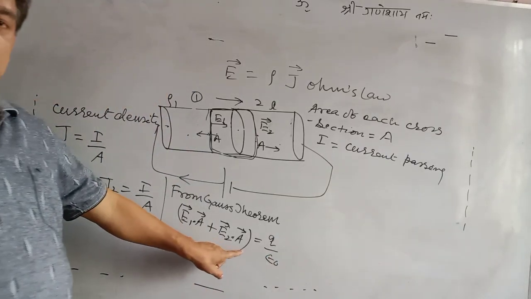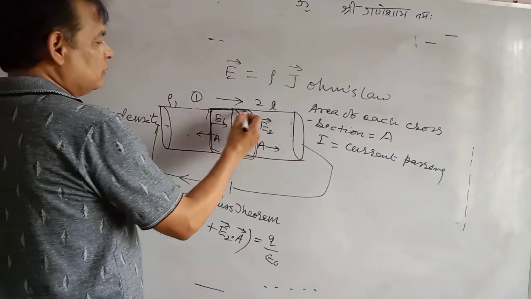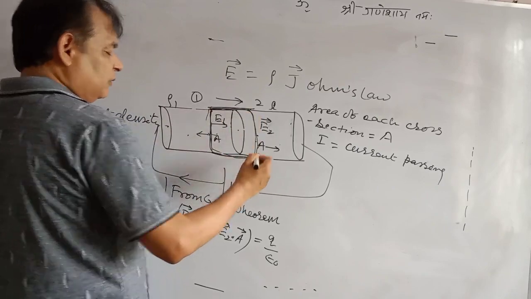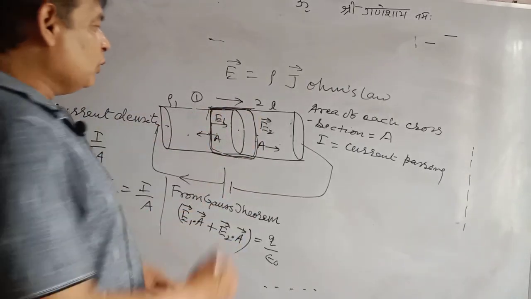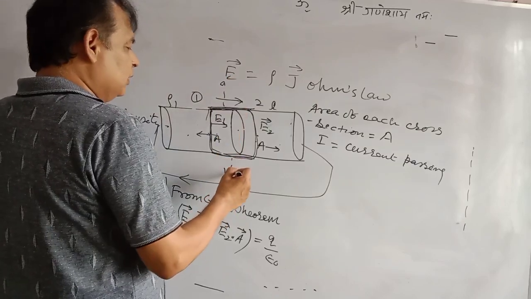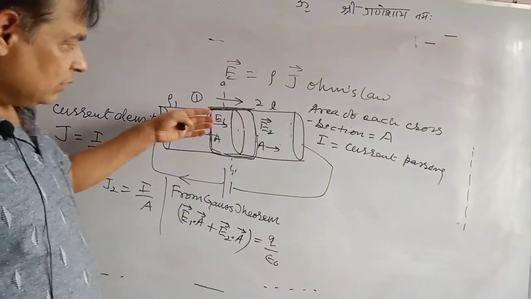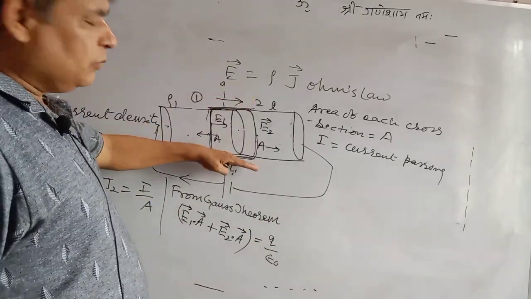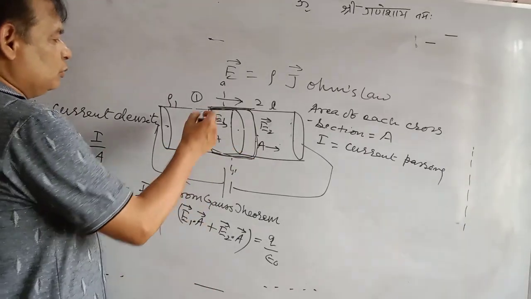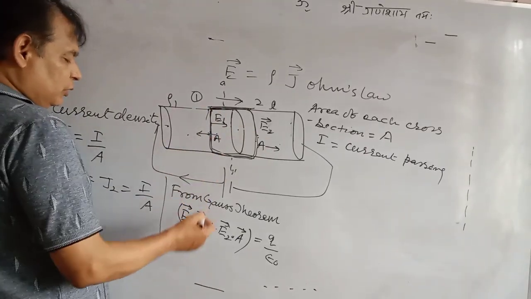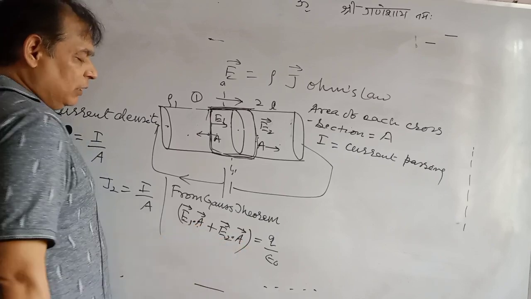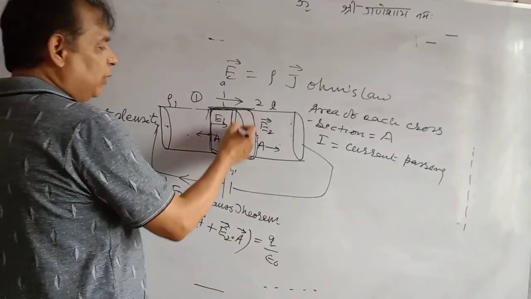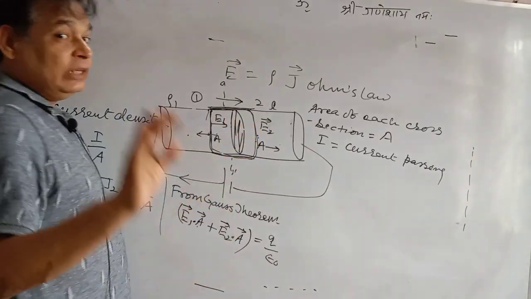The flux through the surfaces parallel to the cylinder axis will be 0, because the vector area is upward or downward while the electric field is rightward, horizontal. So these sections will not give any flux; the only flux is through this one and this one. For this one E1 dot A, for that one E2 dot A, and this total flux is the charge enclosed upon epsilon naught. This is the charge enclosed at this boundary, which is to be calculated.